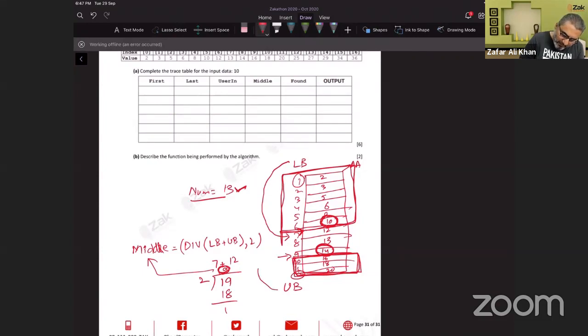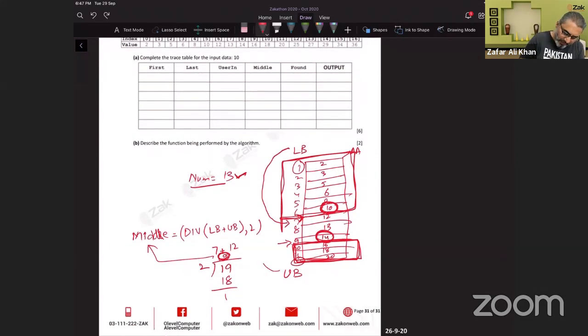The upper bound is now 9. Or maybe you can make it 8 because the value was already checked. The upper bound is now 8. So the values are updated.